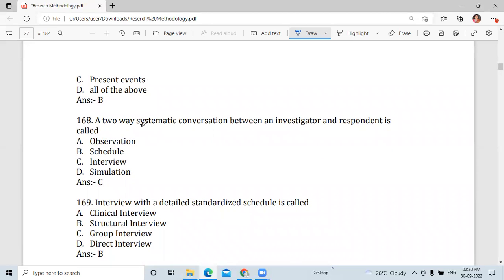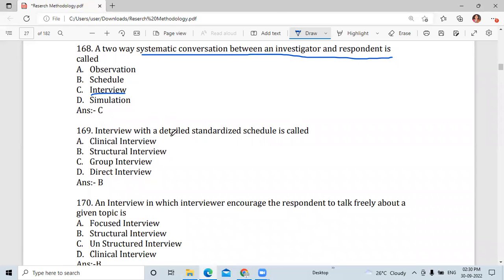A two-way systematic conversation between an investigator and respondent is called what? It is called an interview.